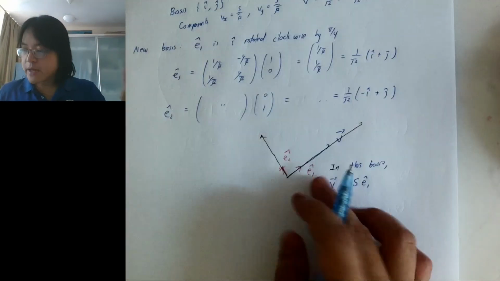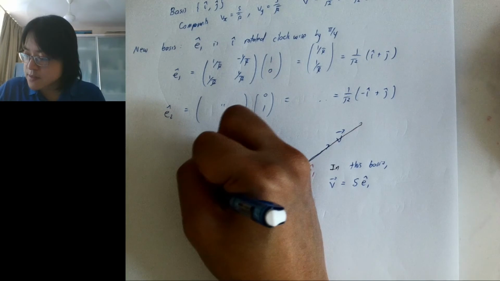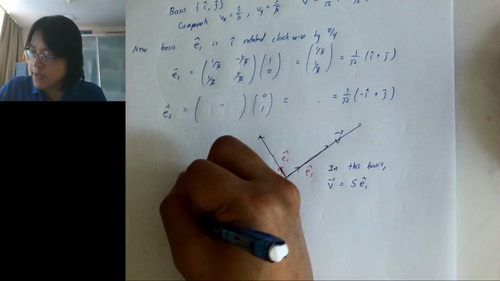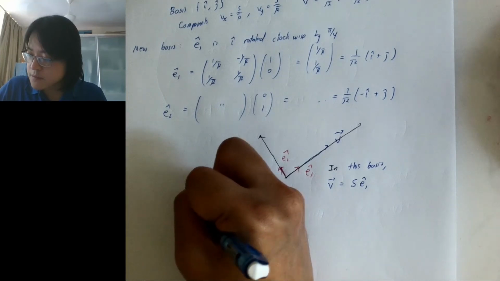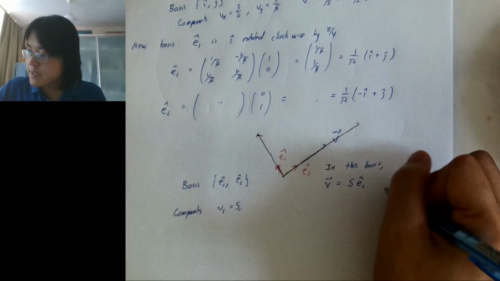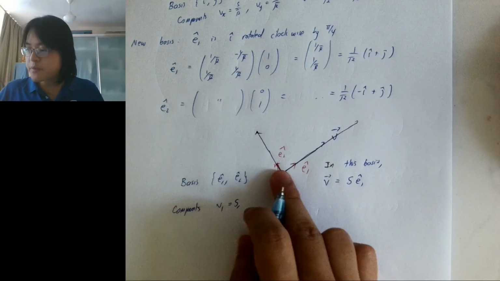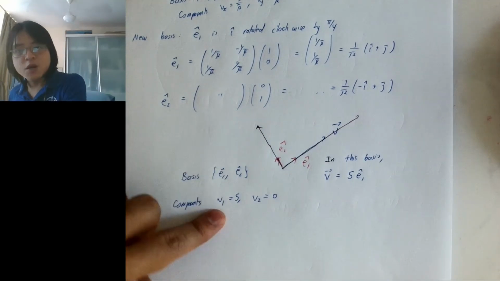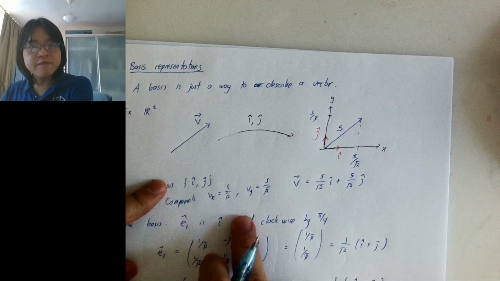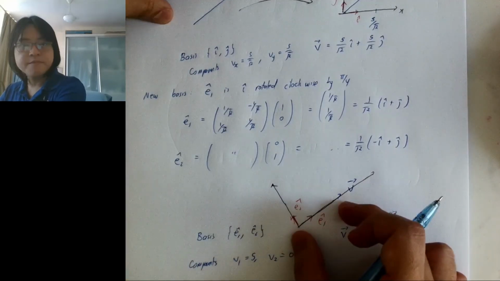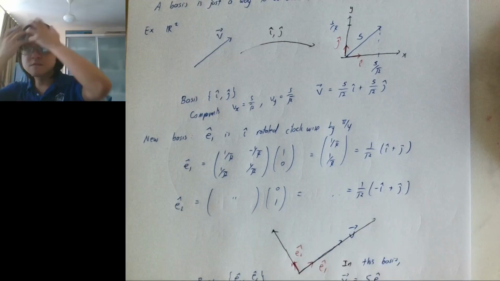But here I use a different basis, and then the components are also different. Let's call this V1. So V1 is 5. There's no second component here because it's purely in this direction. So V2 is 0. See? Different bases, different components. But at the end of the day, they're still describing the same vector.